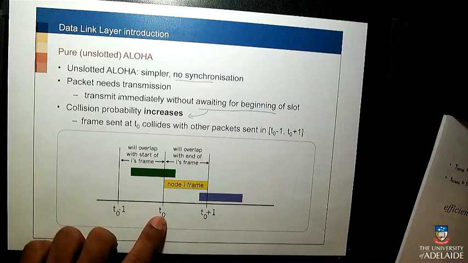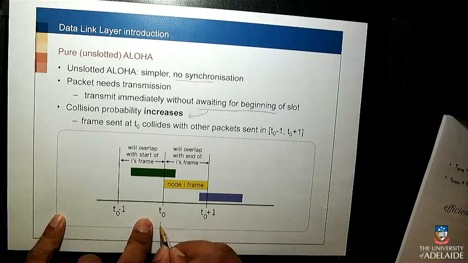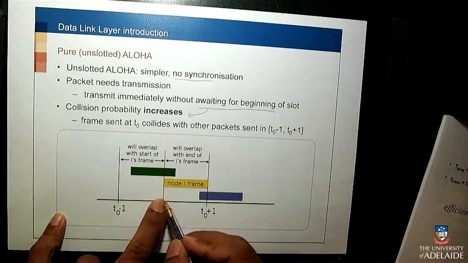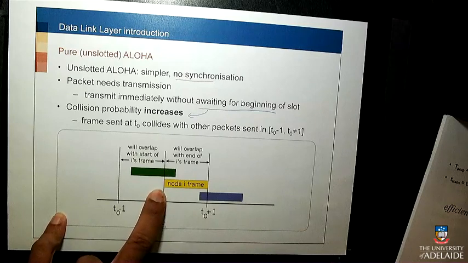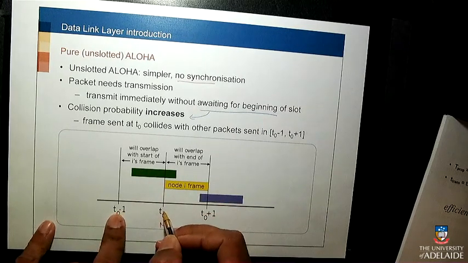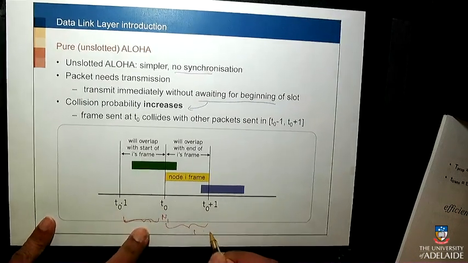Assume that at t equals 0, this node has a packet to send, and it's transmitting this packet onto the link. It takes 1 time unit to transmit.